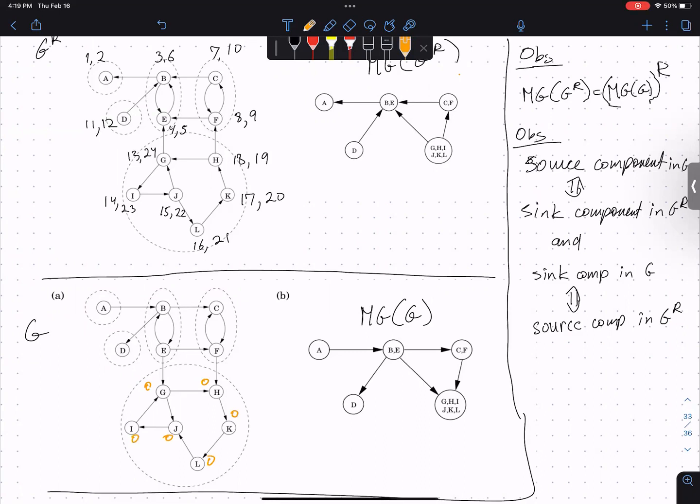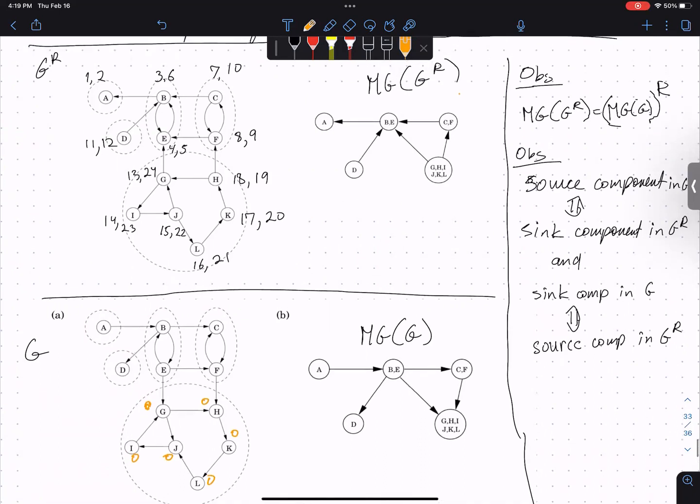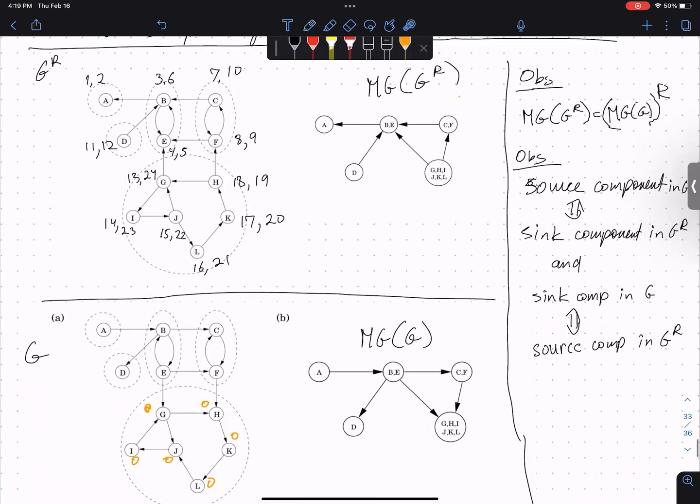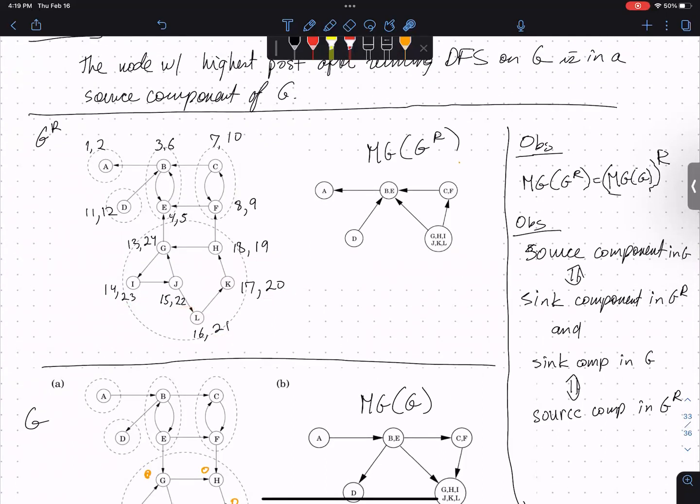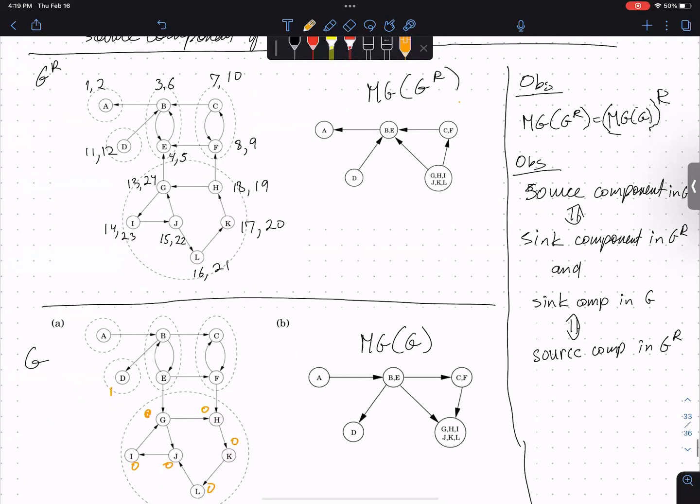And that's it, we can't go anywhere else. Then we take the next highest post, 23, but we've already visited it, so all of these are visited. The next thing we hit is D, 12. So we put a 1 here.